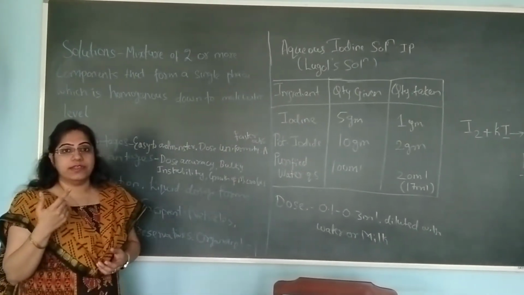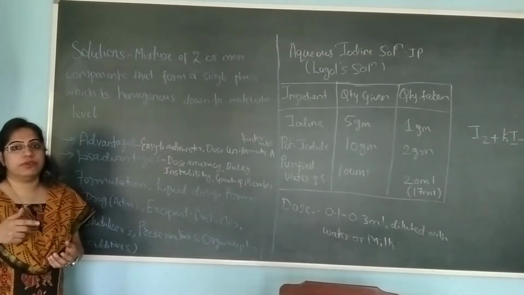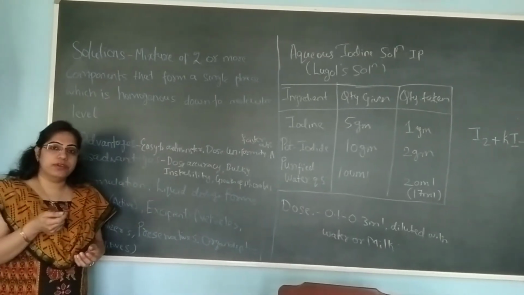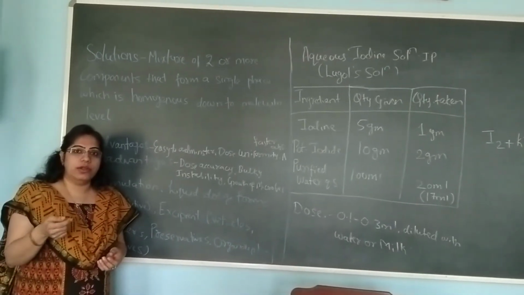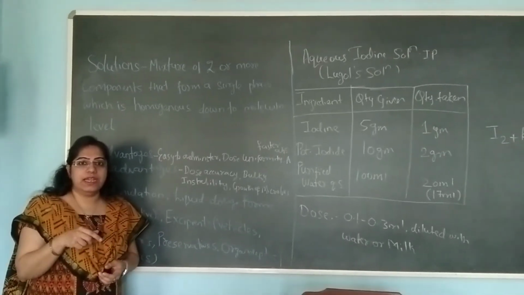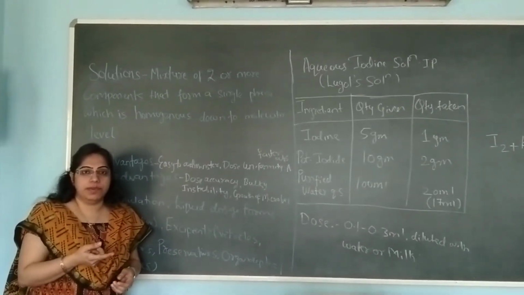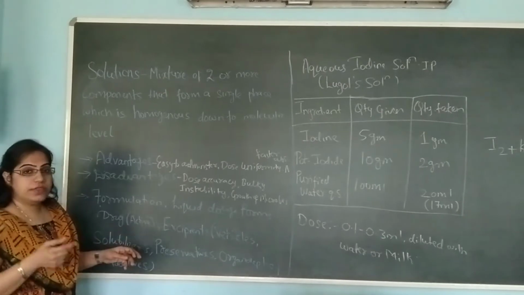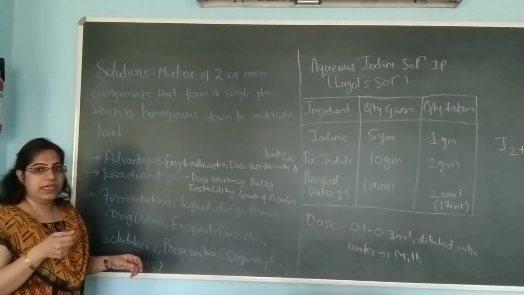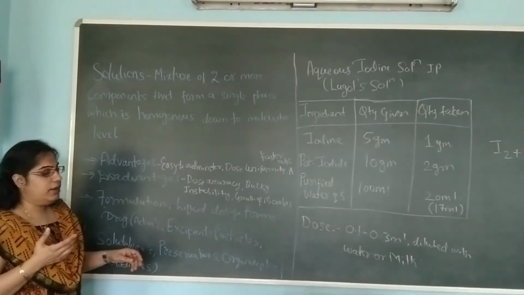But while taking the same medication the second time, if the person takes out say 4 ml or 6 ml, then dose accuracy will be the problem, because the person is not taking out exactly 5 ml of the required medication.